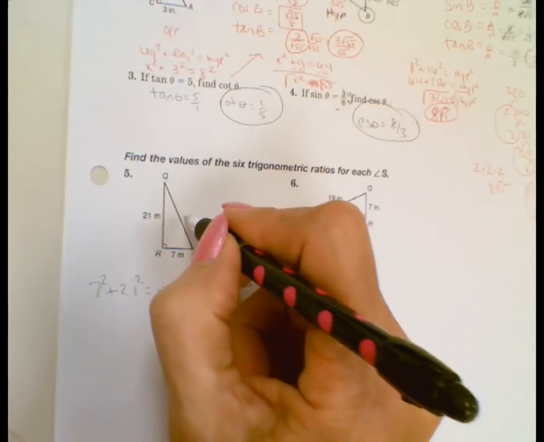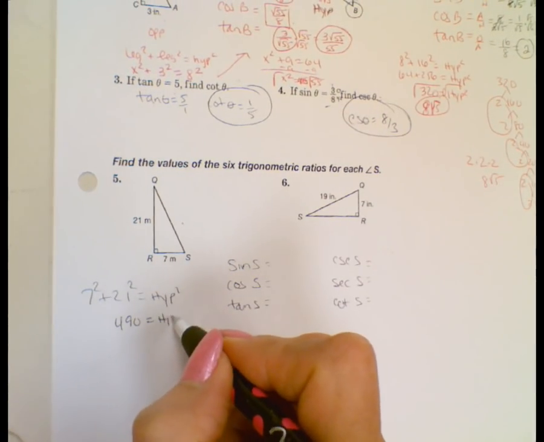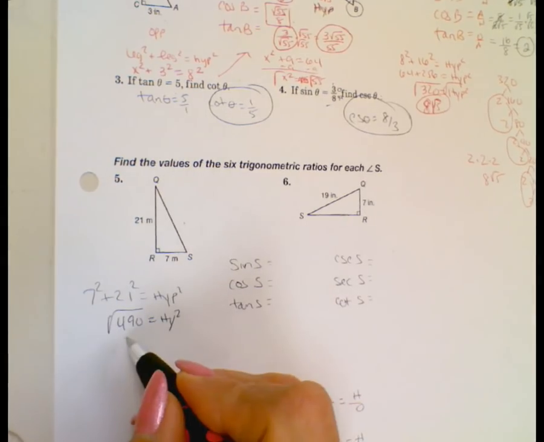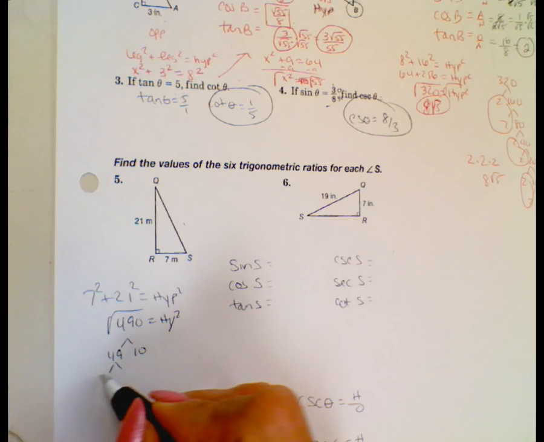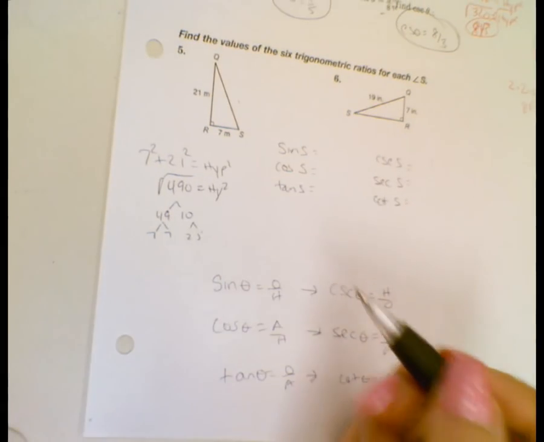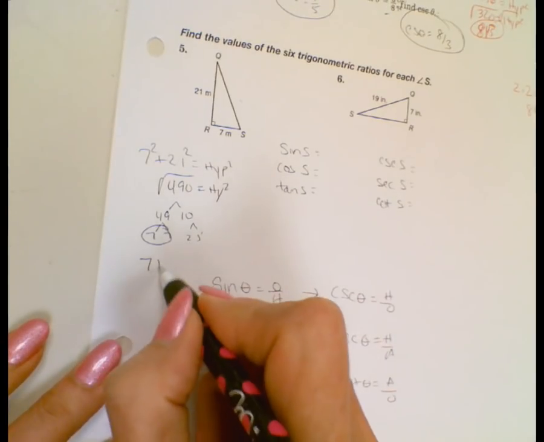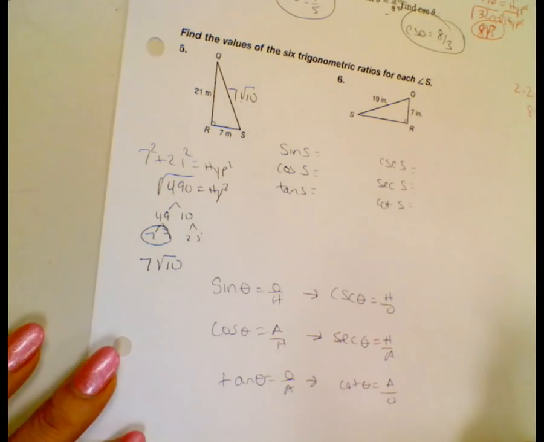This is 490. Now 490 would be 49 and 10. You're factoring here. It looks like there's 2 7s, so it should be 7 radical 10.